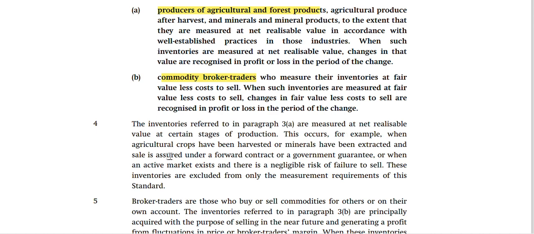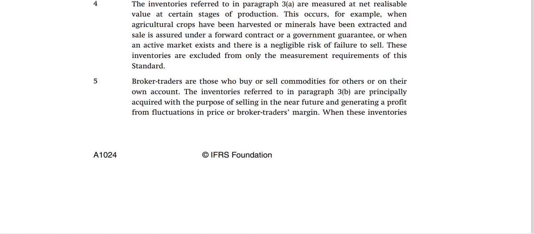This occurs, for example, when agricultural crops have been harvested or minerals have been extracted and sale is assured under a forward contract or government guarantee, or when an active market exists and there is a negligible risk of failure to sell. These inventories are excluded from only the measurement requirements of the standard. Again, this paragraph is not important for your best understanding of IAS 2 as it talks about exclusion. So for that reason, it is not important for you.